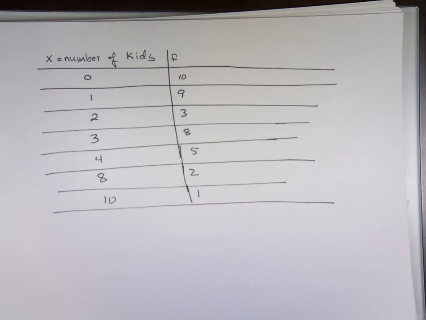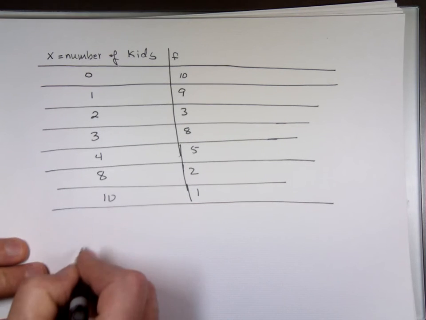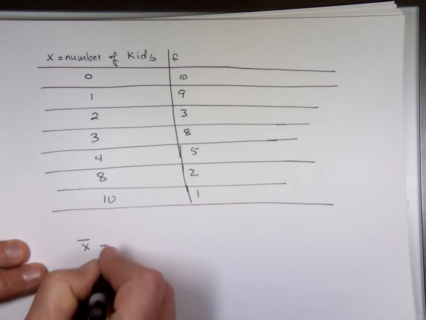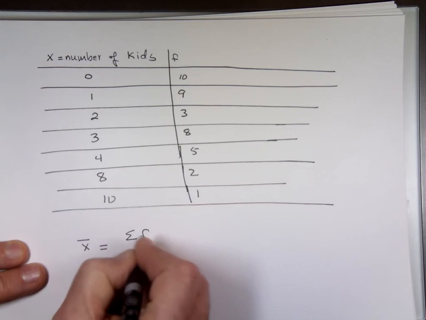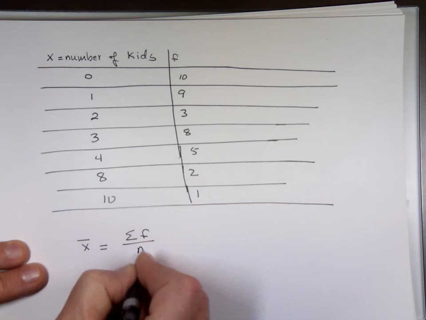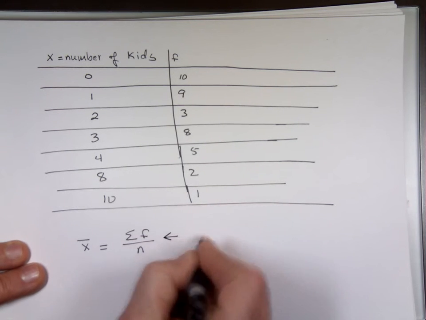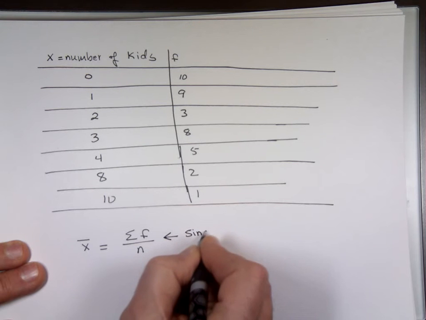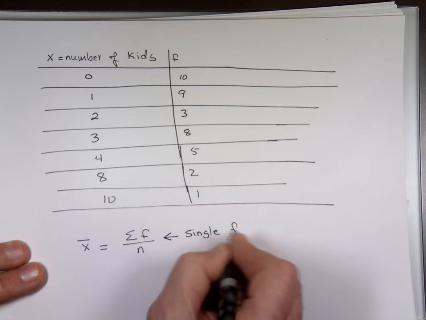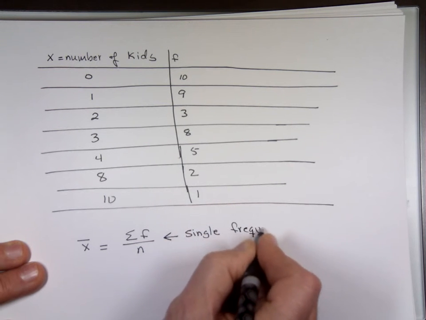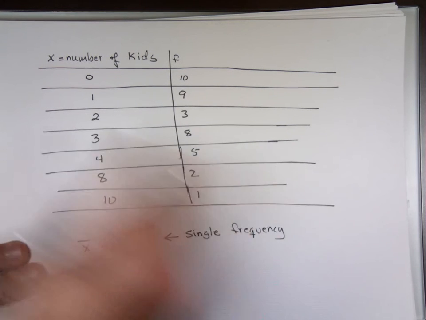This is a sample, so I cannot use this equation. I can't. You can only use that when you have single frequency. I can use it if I want to rewrite the 0 how many times? 10 times.